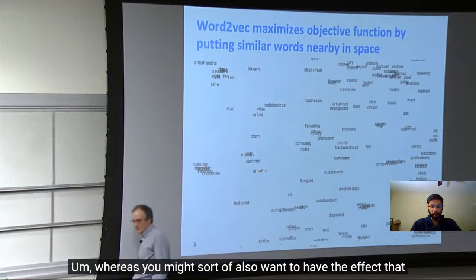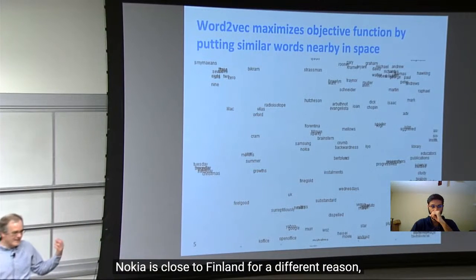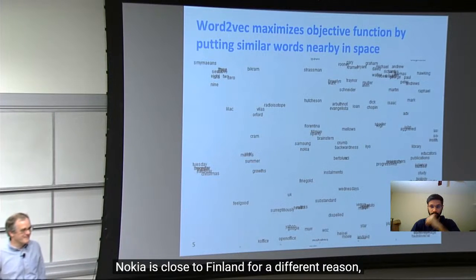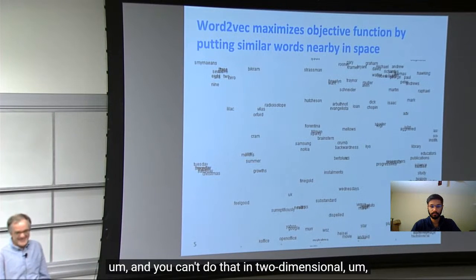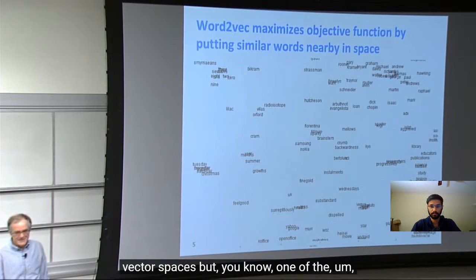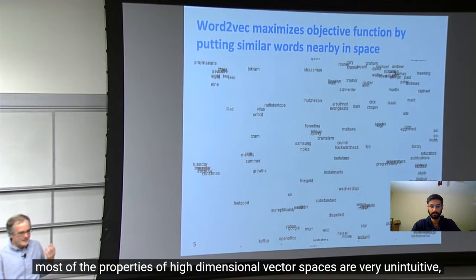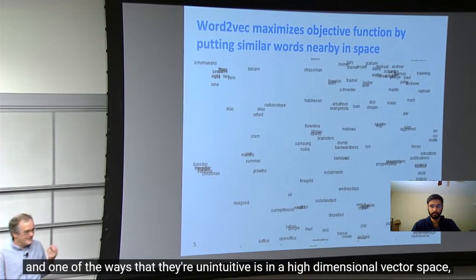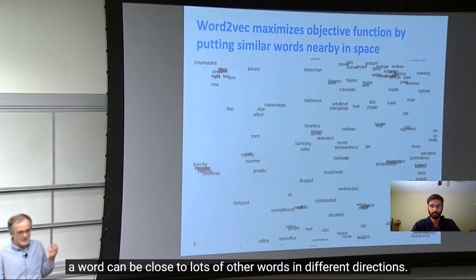Whereas you might also want to have the effect that Nokia is close to Finland for a different reason. And you can't do that in two-dimensional vector spaces. But most of the properties of high-dimensional vector spaces are very unintuitive, and one of the ways that they're unintuitive is that in a high-dimensional vector space, a word can be close to lots of other words in different directions.